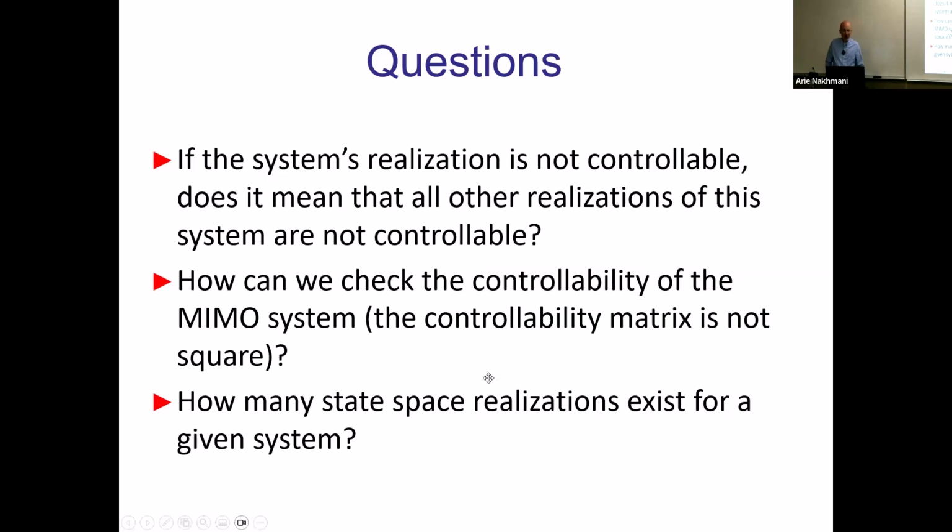So how do we check controllability or observability of MIMO systems, where you have non-square controllability and observability matrices? What is the approach? You cannot compute a determinant. What should you compute? By definition, you compute rank.